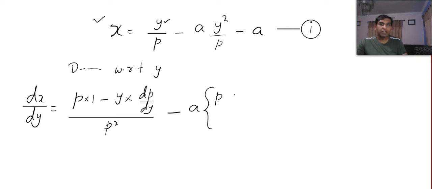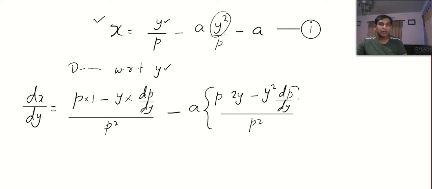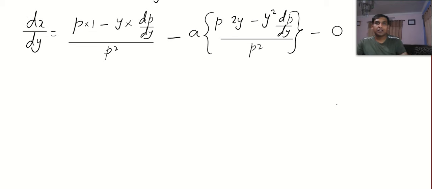So that will be denominator into 2y, because you are differentiating y squared with respect to y, minus numerator into dp by dy, the whole divided by p square, minus, what's the derivative of constant? 0. So differentiation is done. Now what should we do next? Yeah, replace dy by dx with p and dx by dy with 1 by p.